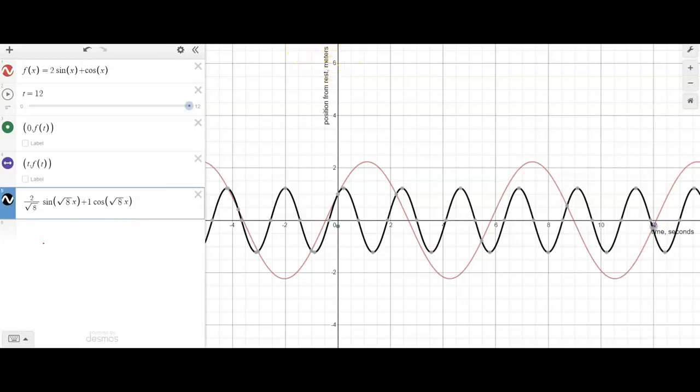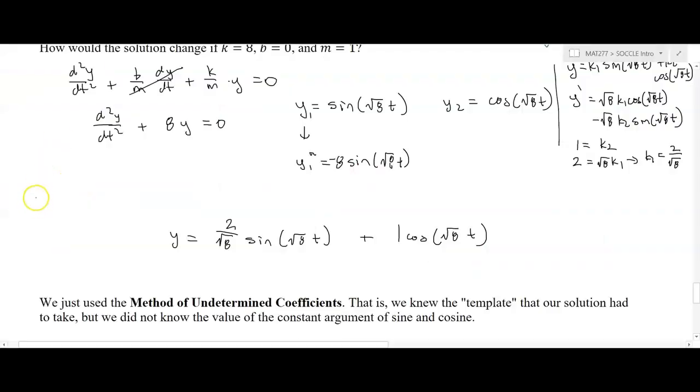if we write period, oh, this is not working very well. Let's try it over here. So yeah, period, if you have sine of bt like that, then the period is equal to 2 pi over b.